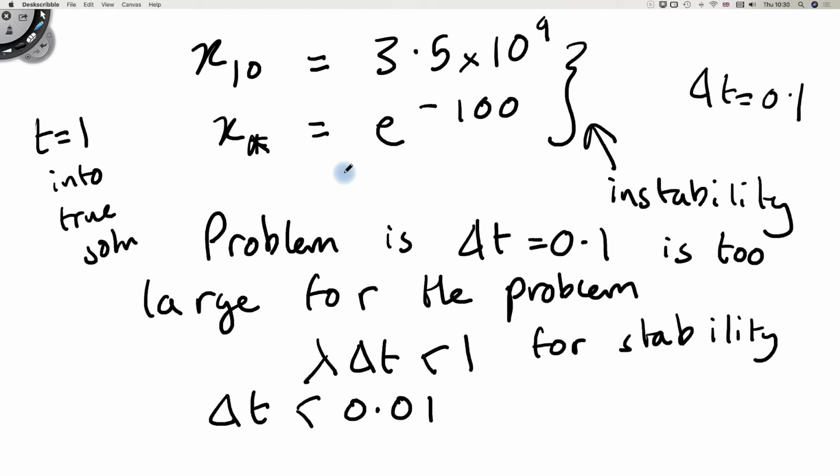So again, you may have seen a similar sort of example like this before. There's a lot of principles in here that I want to emphasise and for you not to forget about. So that is for the exponentially decaying case.